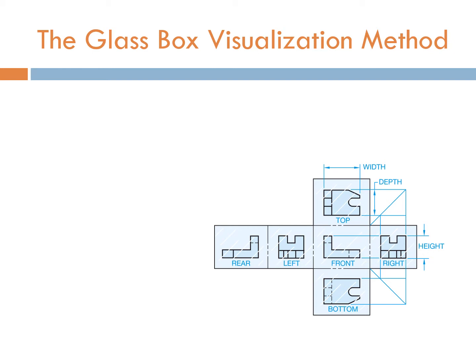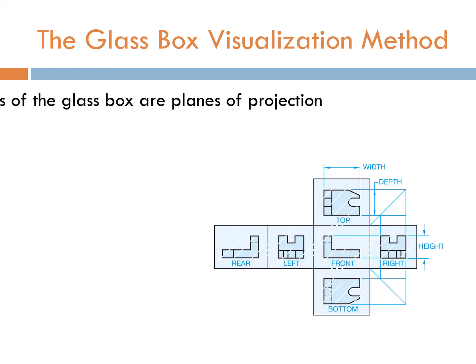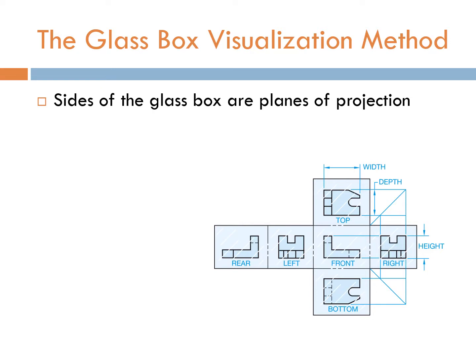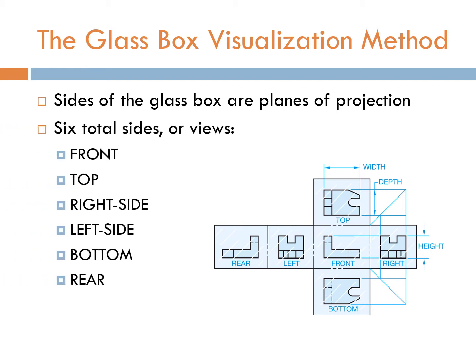Now the way to see how we can visualize an object in different views is by using a method called the glass box visualization method. The way to think of this is very simple. You think about putting an object inside a glass box. So all sides are transparent and you can see the object from each one of the sides.